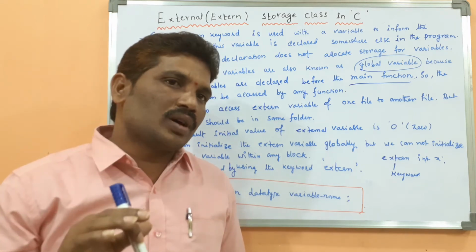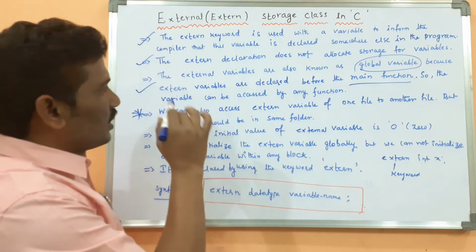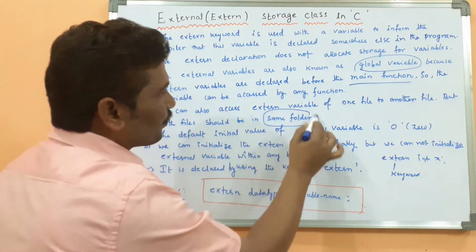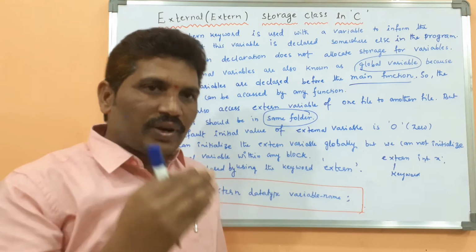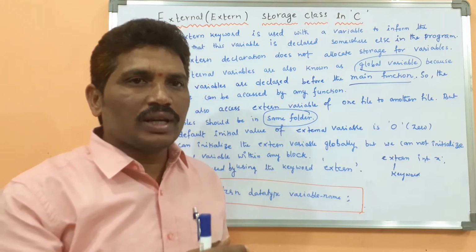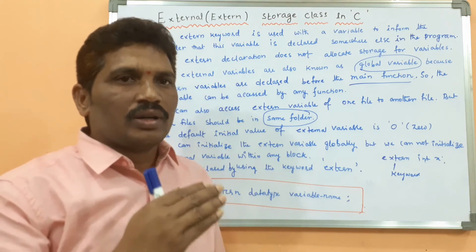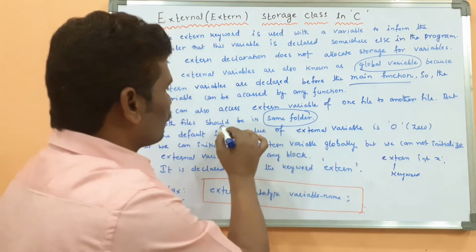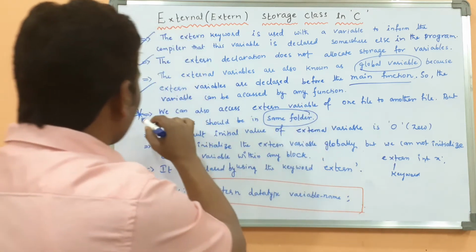That example I will also explain in today's class. How is it possible? Both files should be in the same folder, because one variable is defined in one file and from another file we access that variable. Both files should be in the same folder. That is the meaning of the statement.